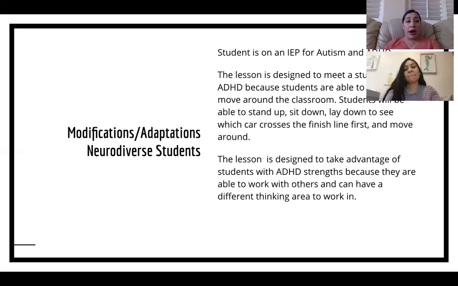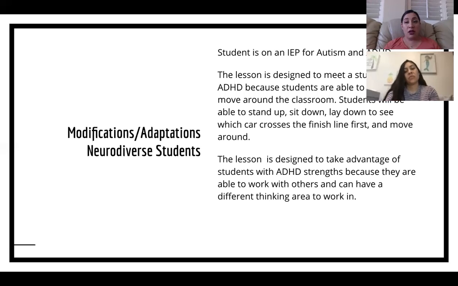And for our modifications or adaptations for our neurodiverse students, we thought that a student with autism and ADHD would benefit from our modifications, because students are able to get up and move around the classroom. Students will also be able to stand up, sit down, lie down to see which car crosses the finish line first and move around.